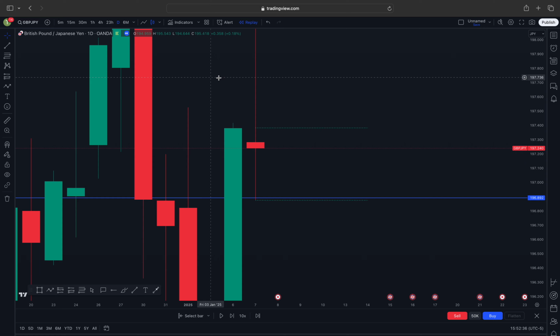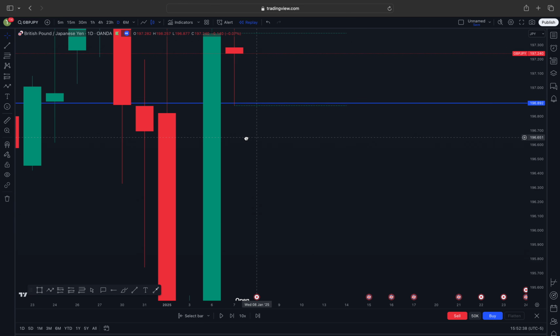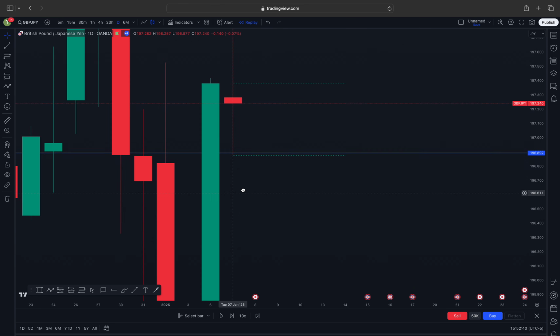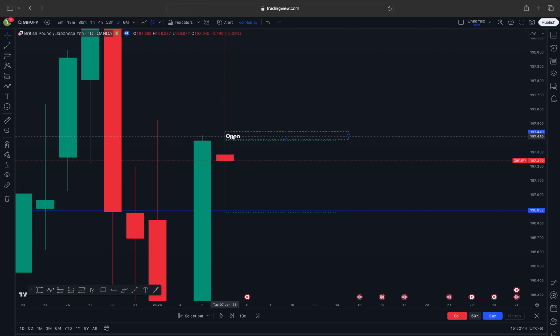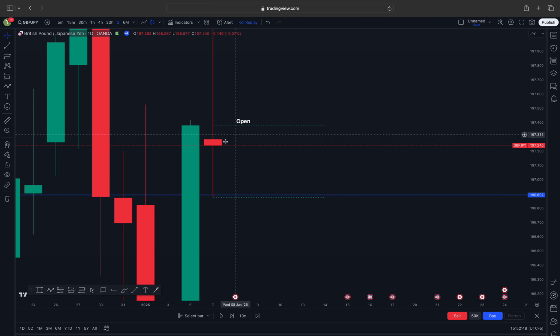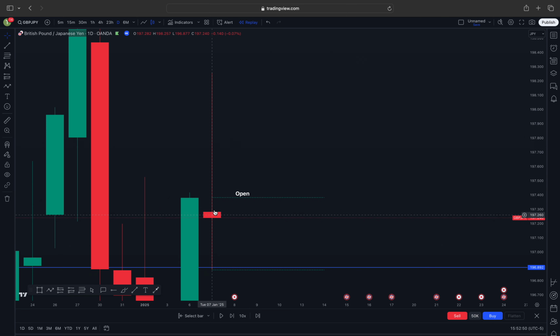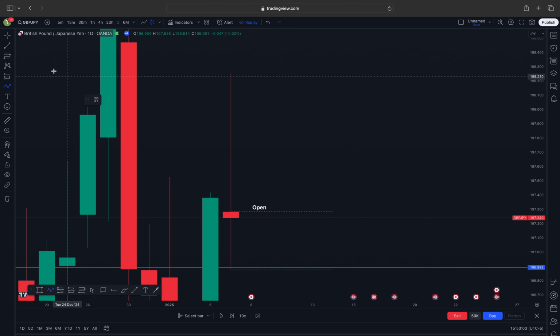So the open of this candle would have been here, right? And then after opening here, the candle went up and created this high.